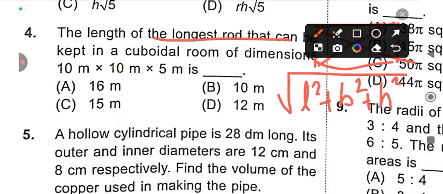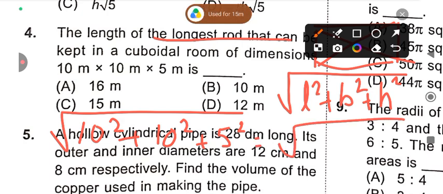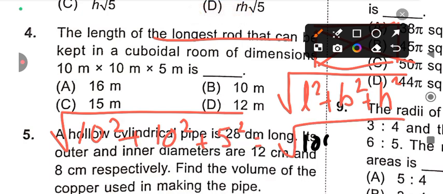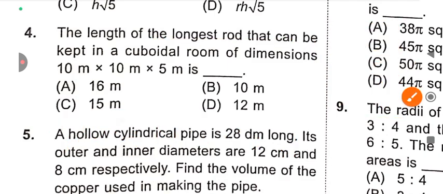Putting the values, under root 10 square plus 10 square plus 5 square, we get under root 100 plus 100 plus 25. We get it as under root 225, and 225 is the square of 15, so the answer is 15 meter. Option number C is correct.